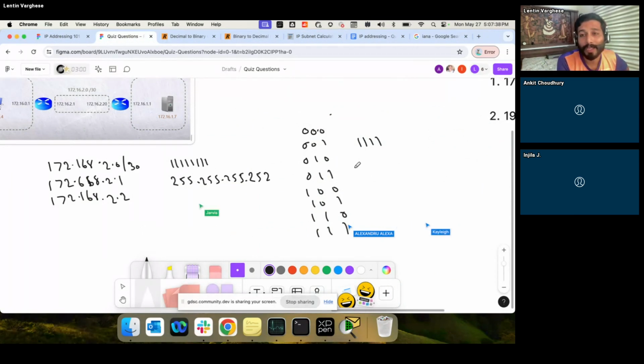That means 5 bits of the last portion should be the subnet mask 255.255.255 slash 28, right?